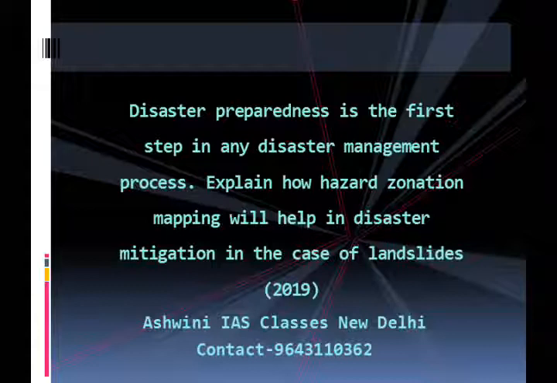Structural mitigation may comprise construction of individual disaster-resistant structures like retrofitted or earthquake-resistant buildings or creation of structures whose function is primarily disaster protection like flood control structures, dikes, levees, infiltration dams, etc.